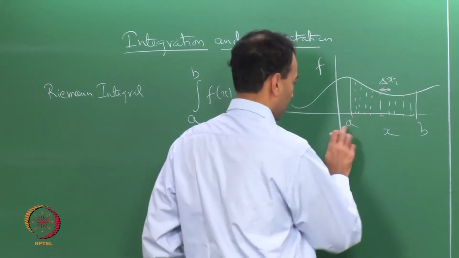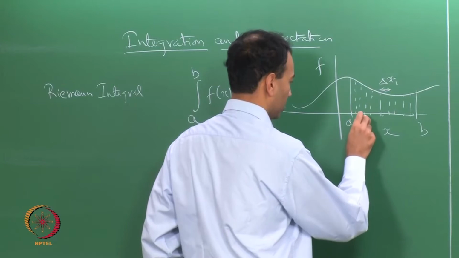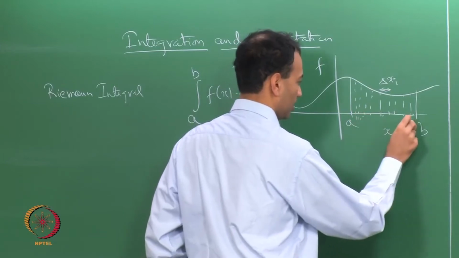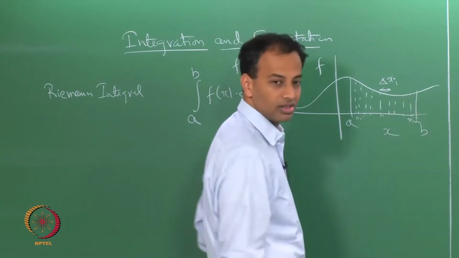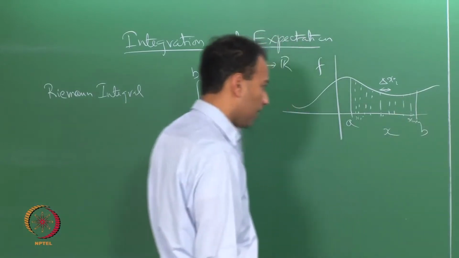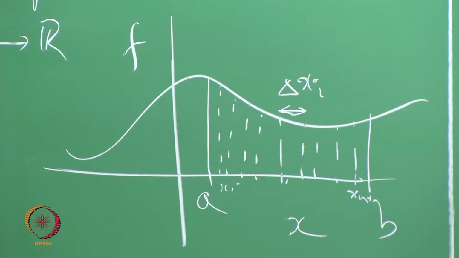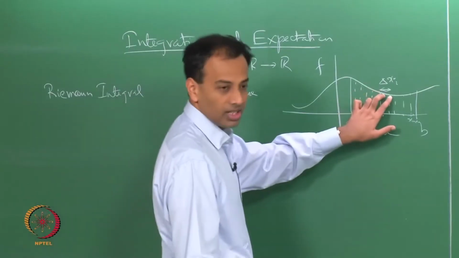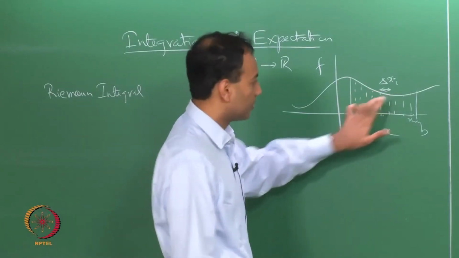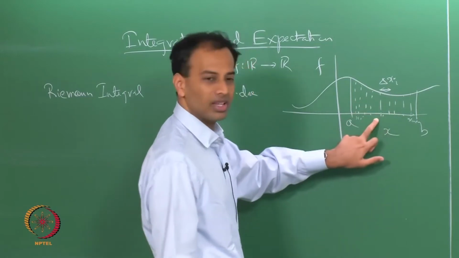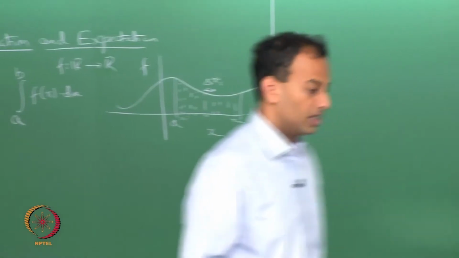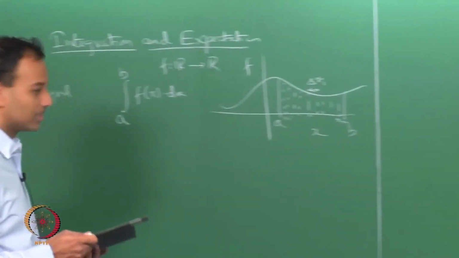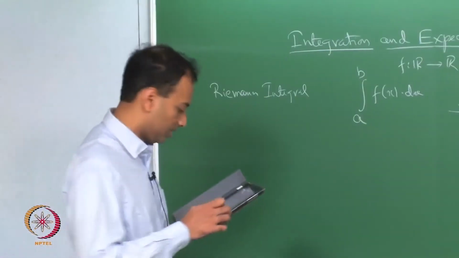So, x naught is a, x 1, x 2 and so on, right. This is x n minus 1 and then this is x n equal to b, right. So, you make a partition of the interval a b into these tiny little delta x i intervals. So, delta x i is simply x i minus x i minus 1 and then what you do, just to give you a quick refresher on what Riemann integral is.